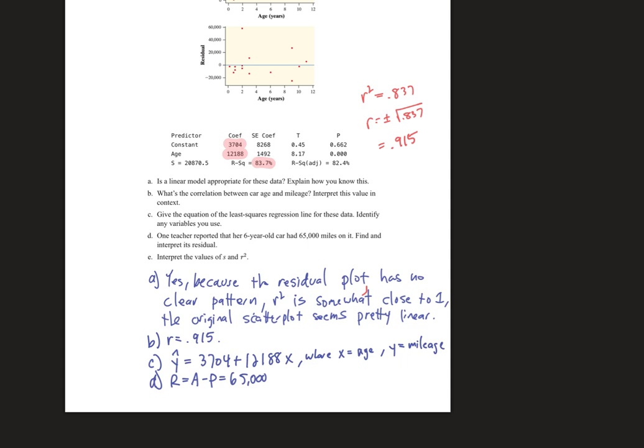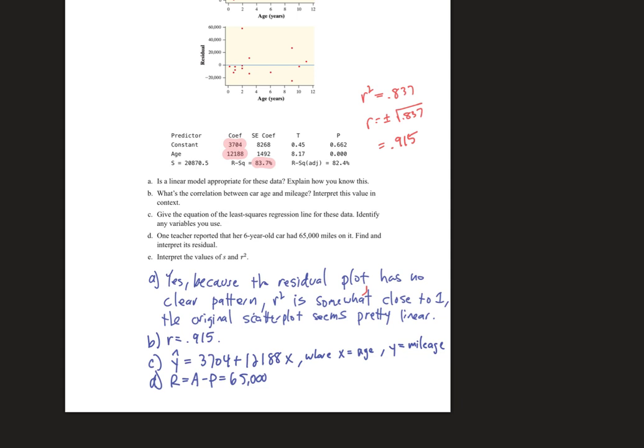I'll do some scratch work up above. This is for a 6-year-old car, so let's see what the equation of this line would predict the mileage to be if x is 6.